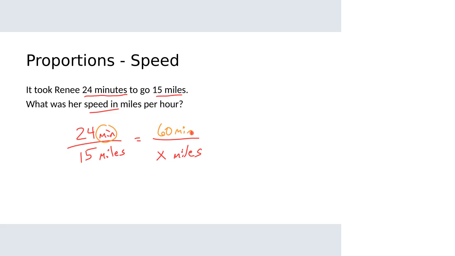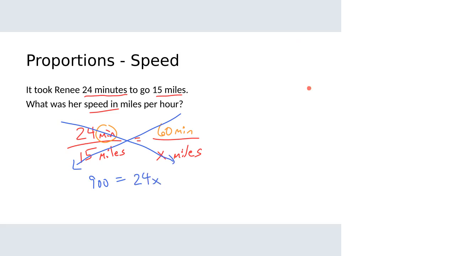So essentially now what we're saying is, okay, if it took 24 minutes to go 15 miles, how many miles in 1 hour? But we want to make sure we use 60 minutes. And now we're in great shape. Now we can cross multiply. 60 times 15 is 900. That's 24 times x.